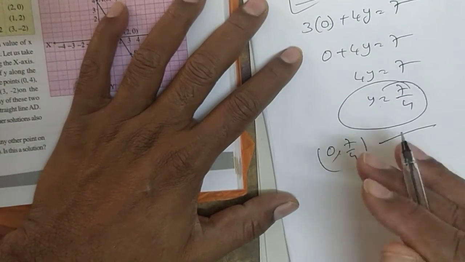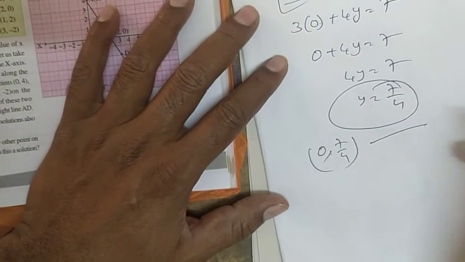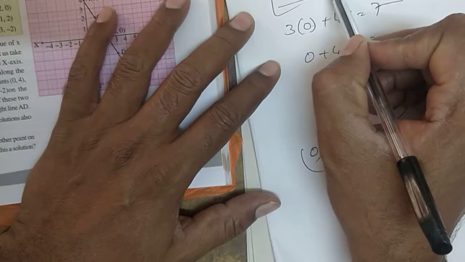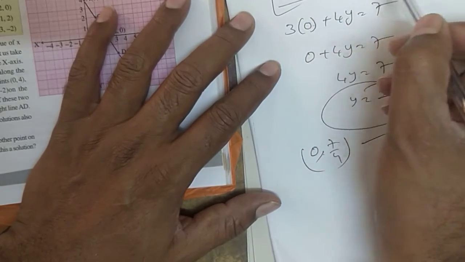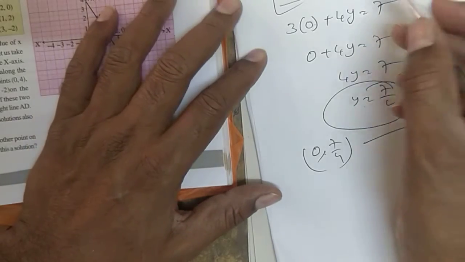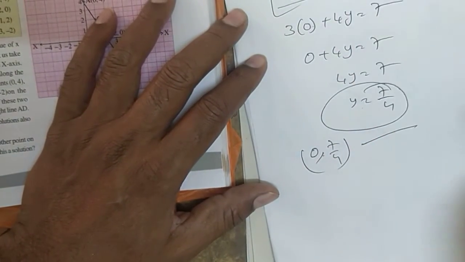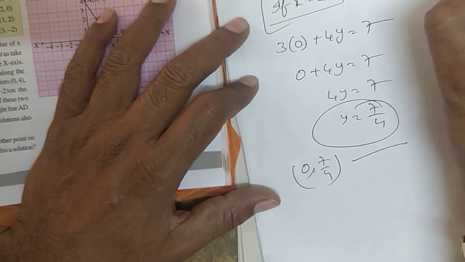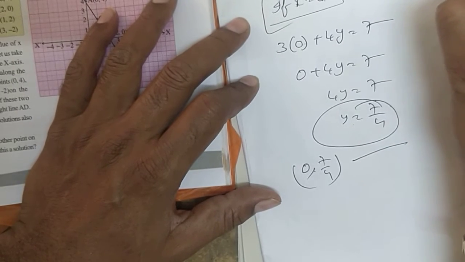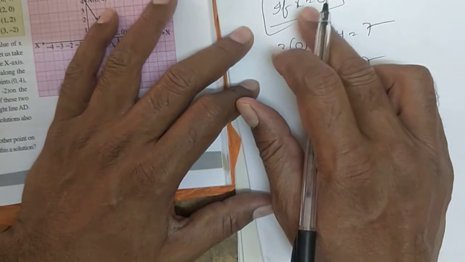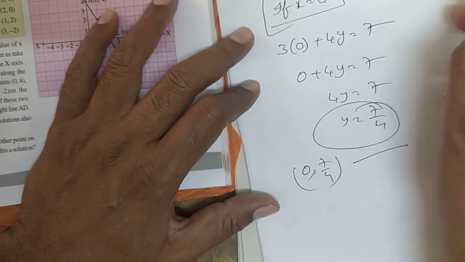Like this, how many solutions can you write? You can write infinite solutions, because you kept x is equal to 0, but you can keep 1, 2, 3, 4, 5, 6, like that. Infinite natural numbers are there. So for every value of x, a different value will come for y. For example, see it, in place of y, if you keep 0, there is no rule that you have to substitute in place of x only. You can substitute 0 in place of y.